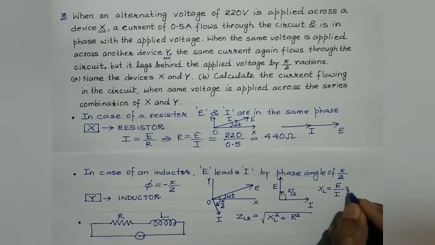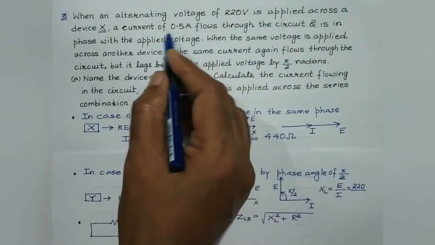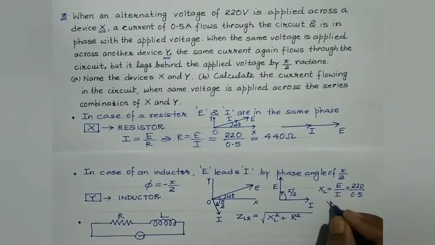Now look, XL is equal to EMF divided by current. So here EMF is given to be 220. And in the case of device Y also, the same current again flows. Same current means 0.5 ampere. So XL is also found to be the same as that of the ohmic resistor, that is 440 ohm, right?